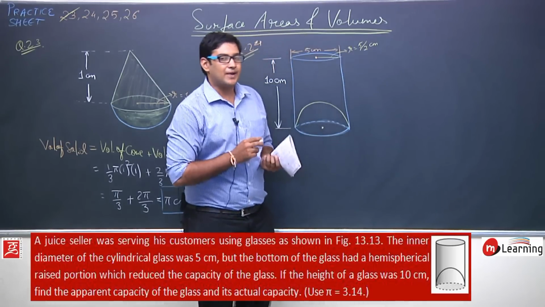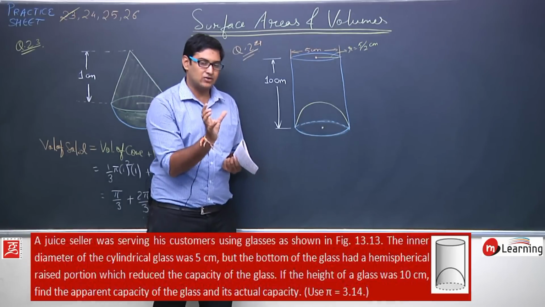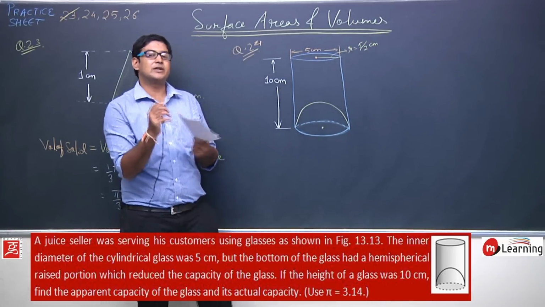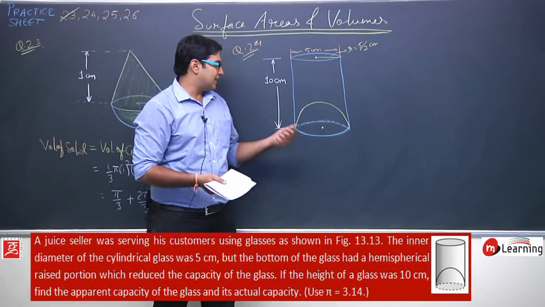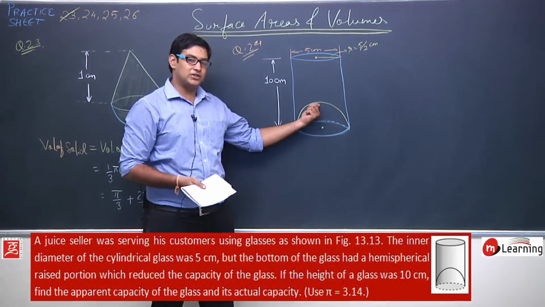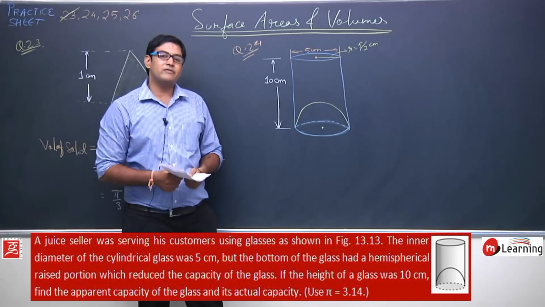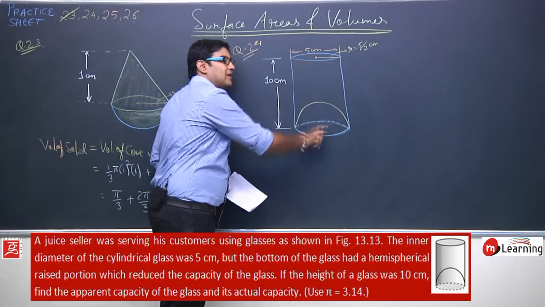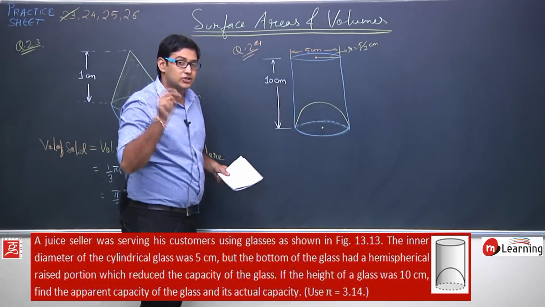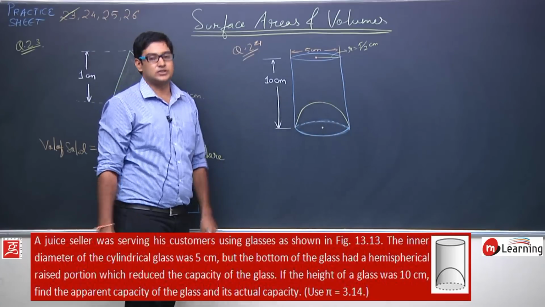Now what is apparent capacity? Apparent capacity means the capacity which appears, the false capacity which appears to us that it should be the capacity, but in actual it has this raised hemispherical portion. So due to this the capacity of the glass will be reduced. The apparent capacity means the capacity that this glass should have without this hemispherical portion.